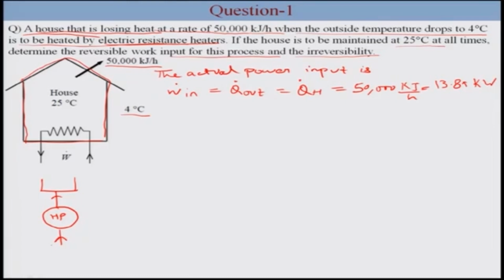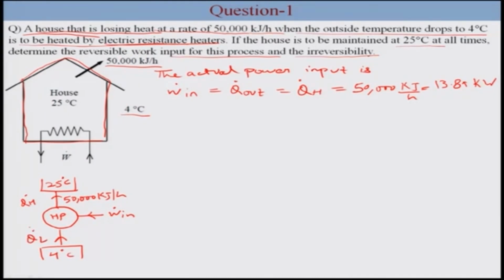Now if we draw a heat pump, which is used to maintain a temperature of 25 degrees Celsius, and this is QH dot, which is equal to 50,000 kilojoule per hour, and some work is being given as input, and the outside temperature is 4 degrees Celsius, and this is QL dot.